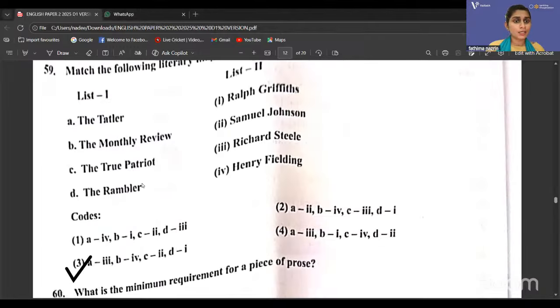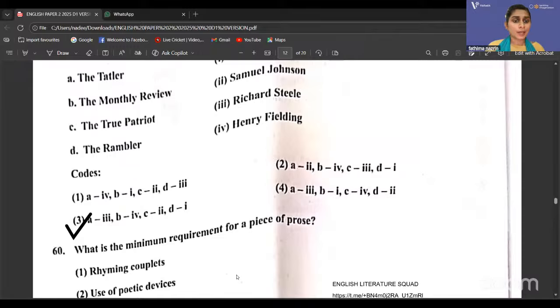Now, Rambler is by Samuel Johnson. So D should be 2. So the answer would be 4. Okay. The answer is 4. Now, Monthly Review is by Ralph Griffiths. The True Patriot is by Henry Fielding. And Rambler is by Samuel Johnson.